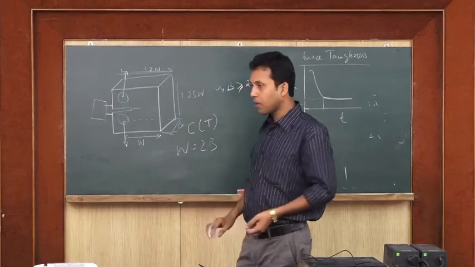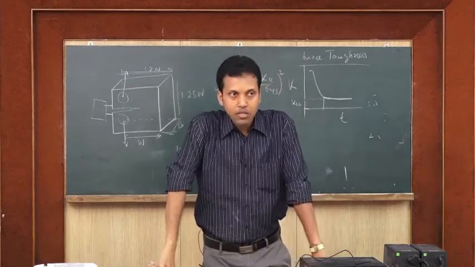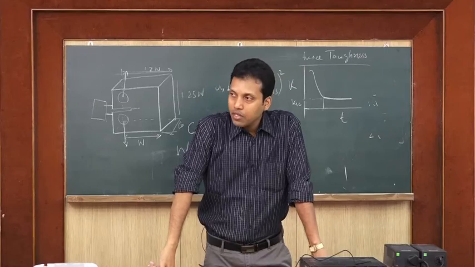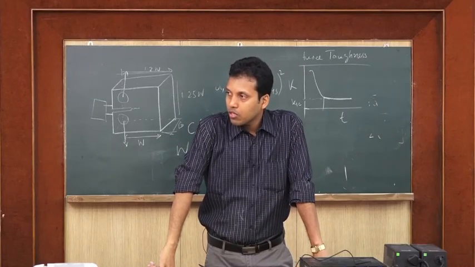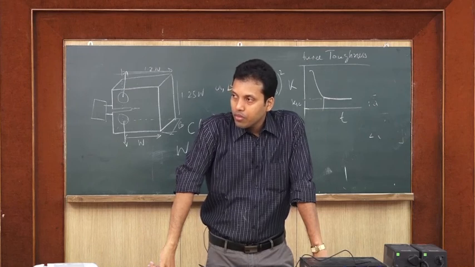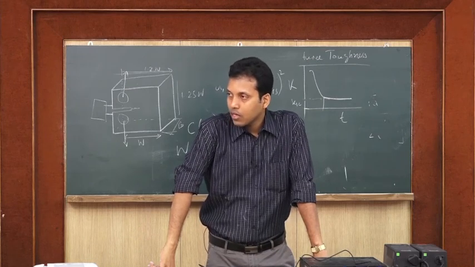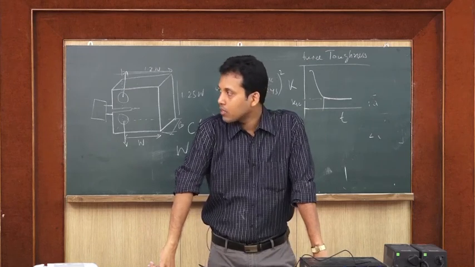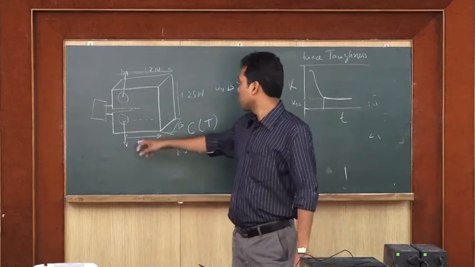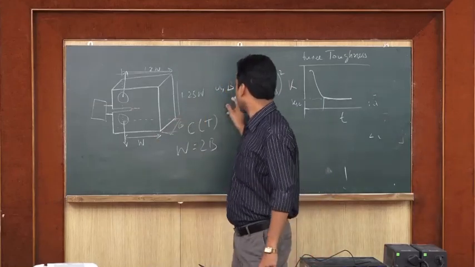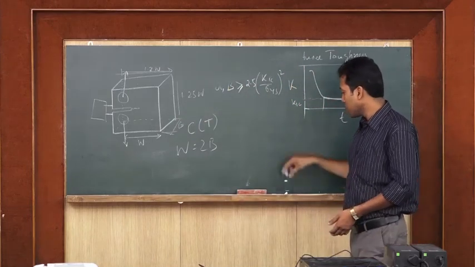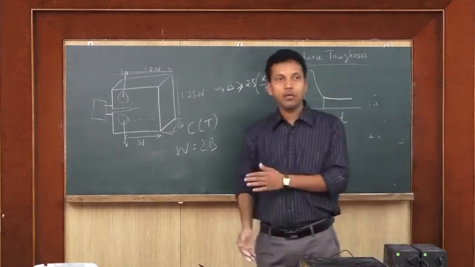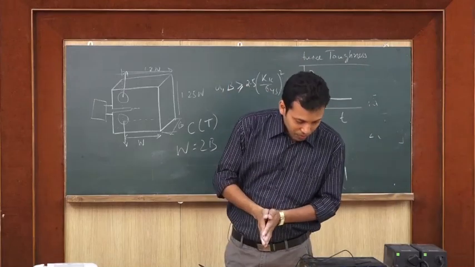So this is one particular design of a fracture toughness specimen, which is known as a CT specimen. For a CT specimen, these are the dimensions: W equal to 2B, 1.25 W in one direction, 1.2 W in another direction, at one place you have W, another one is B, and A or B is greater than or equal to 2.5 (K1C by sigma ys) whole square. Okay. Up to this, is that clear to you?